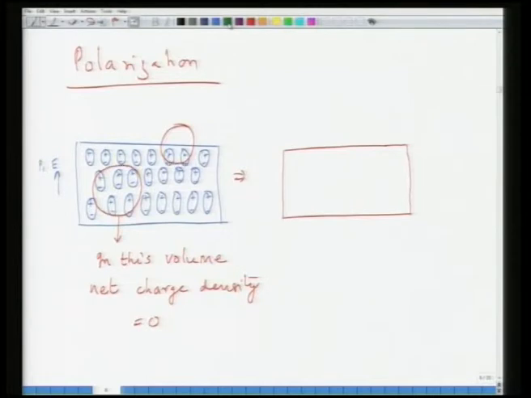So, the situation looks like this: you have positive charge here. It appears as if here you have no charge, and these are your surface charges, and these surface charges exist within a very small distance, what is called dx.